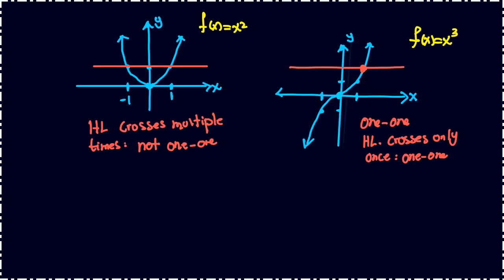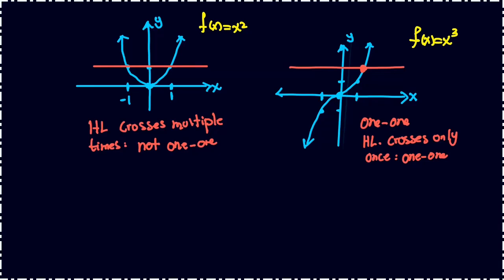Notice something that stands out about the graph of a one-to-one function versus the graph of a non-one-to-one function. A non-one-to-one function is not monotonic, meaning that it doesn't always increase or always decrease on its domain.